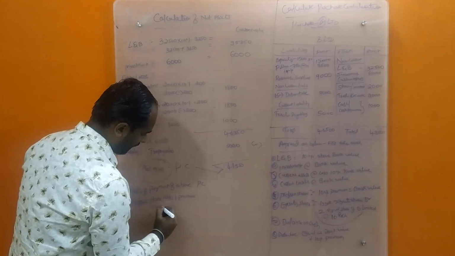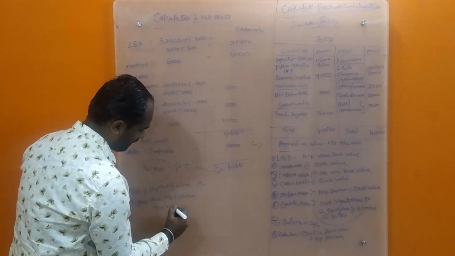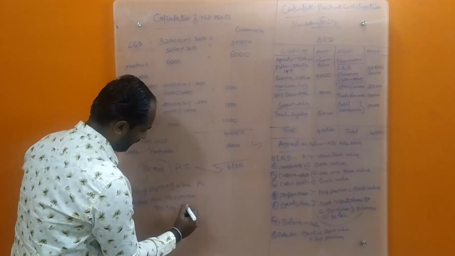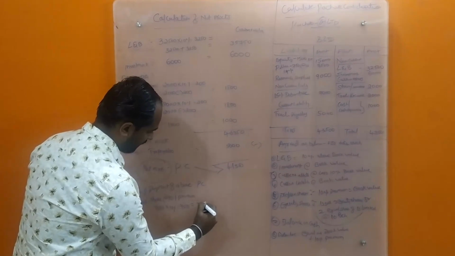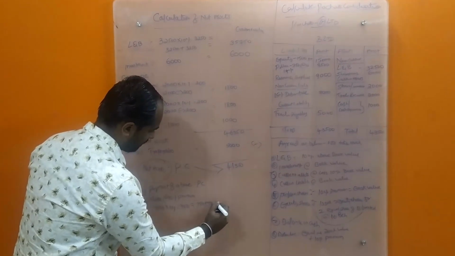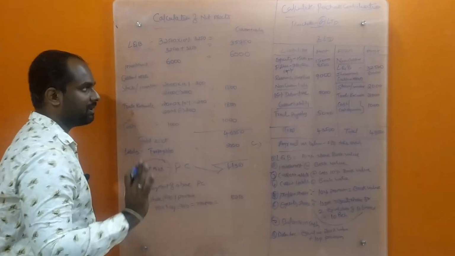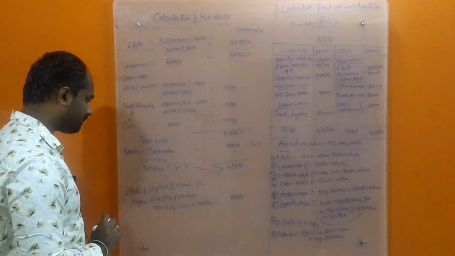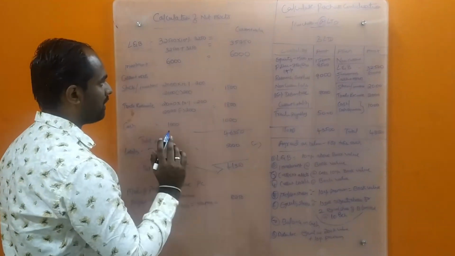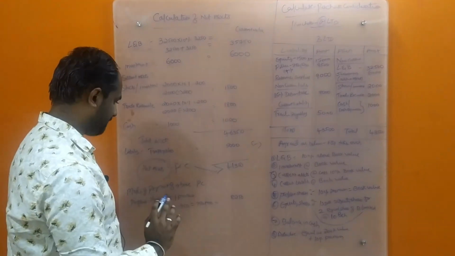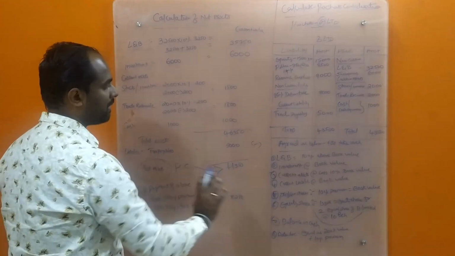So 7,500 into 10% is equal to 750. So 7,500 plus 750 is equal to 8,250. 8,250 is the value they are going to give, at the same 10 rupees rate, but there is a premium for that. That's it.